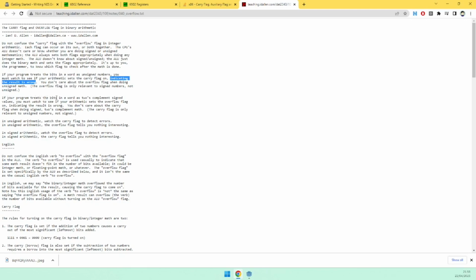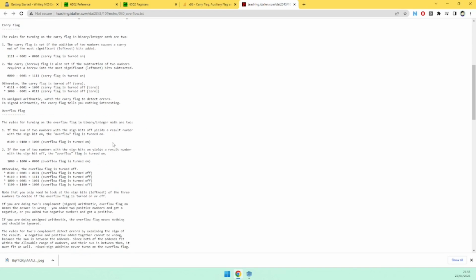If your program treats the bits in a word as two's complement signed values, you must watch to see if your arithmetic sets the overflow flag on, indicating the result is wrong. You don't care about the carry flag when doing signed. Yeah, but I want examples.